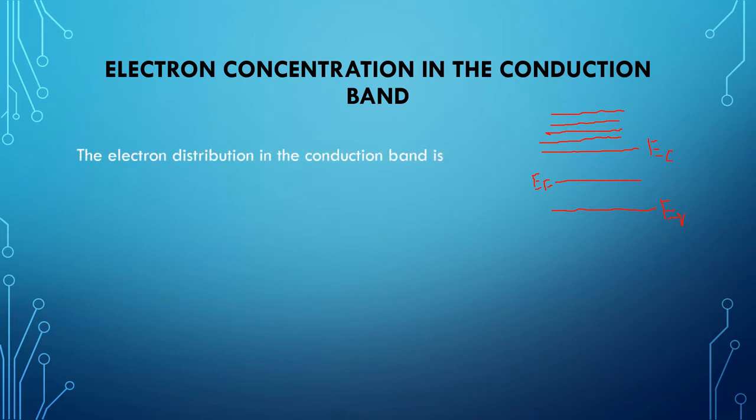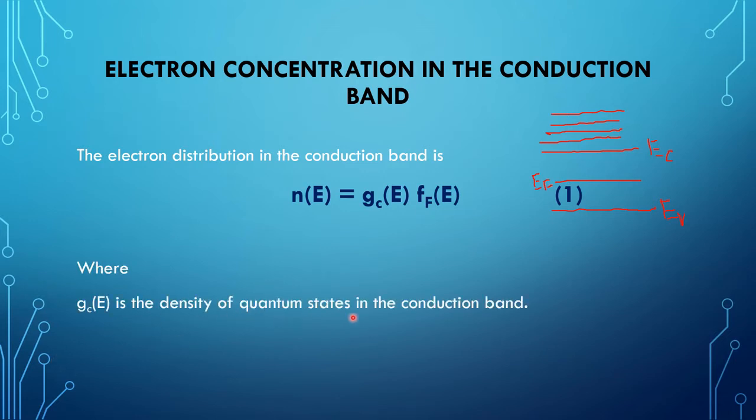So we can say that the electron distribution in the conduction band depends on two terms. One is the density of allowed quantum states, that is gc(E), where gc(E) represents the density of quantum states in the conduction band, and the other important term is Fe, which is called the Fermi-Dirac probability function.